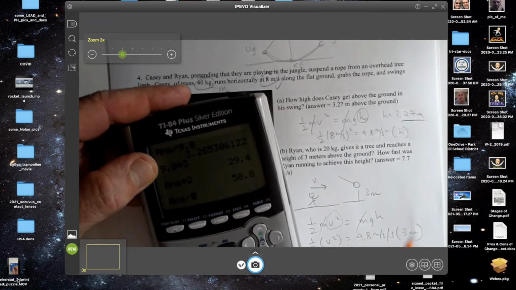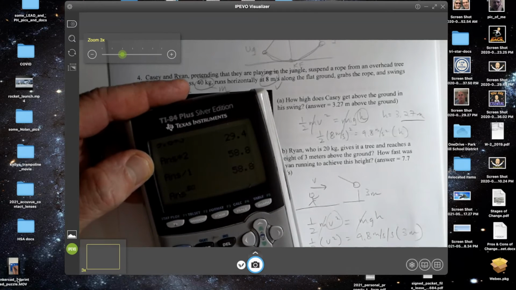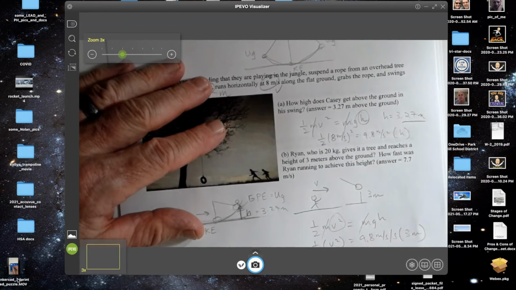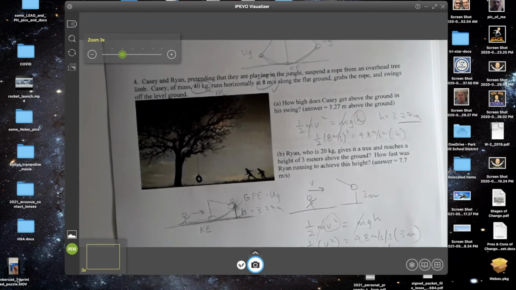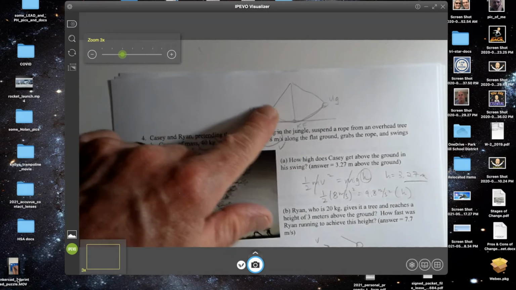Okay, we'll take a square root. I get about 7.7 meters per second. This is a classic problem that's based on the motion of a pendulum.